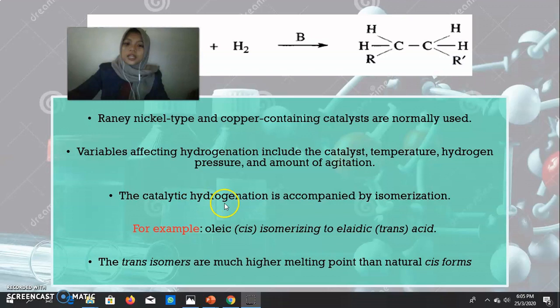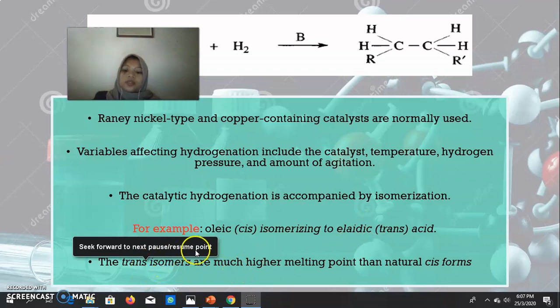The catalytic hydrogenation is accompanied by isomerization, for example oleic cis isomerizing to elaidic trans acid. We learned before that cis means the groups are on the same side, while trans means they are on different sides.